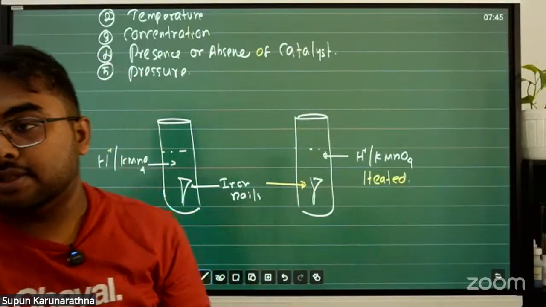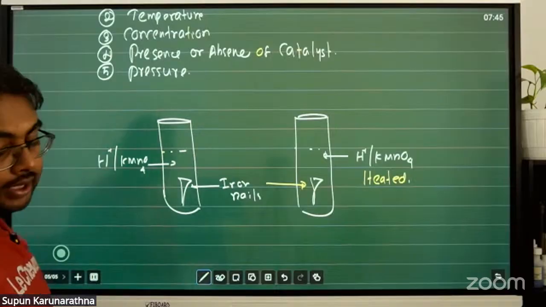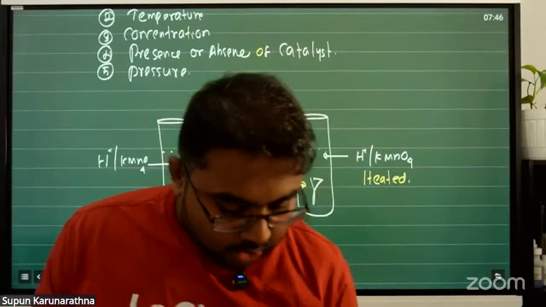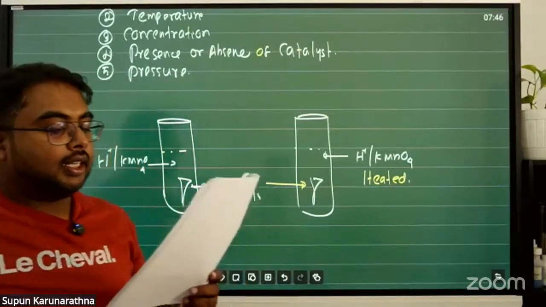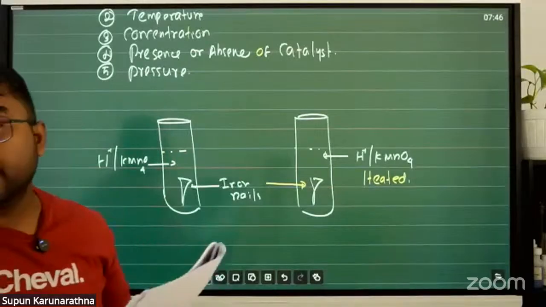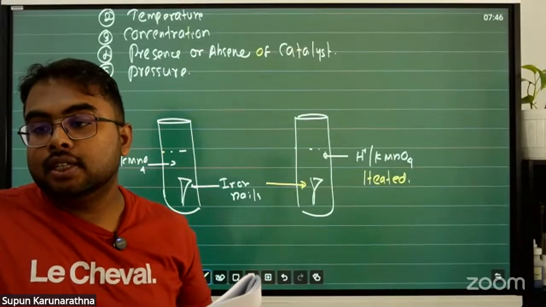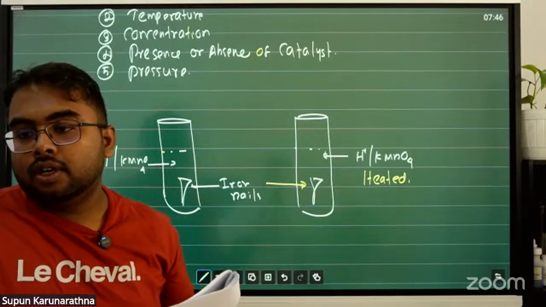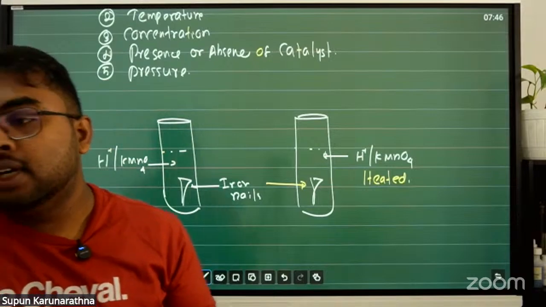Okay, we'll see that. What is the factor that is considered here? Above given apparatus, what is tested here for reaction speed? What do you think? Yes, please put your answer here. How does temperature affect the rate of reaction?